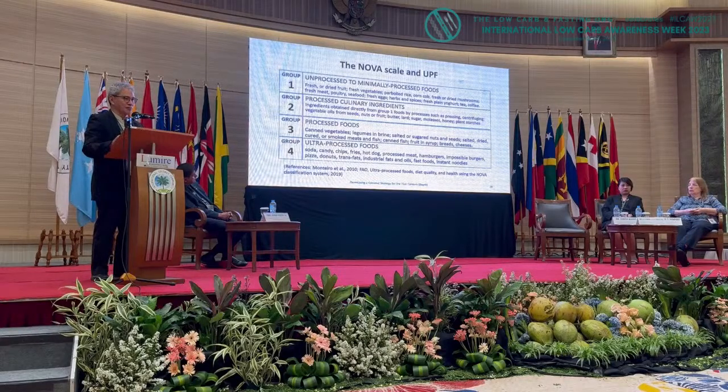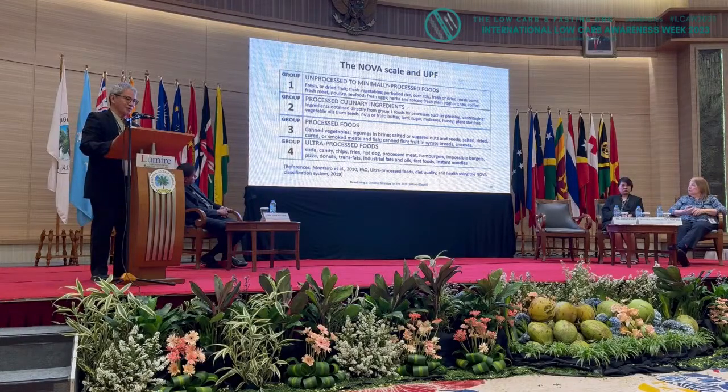And then group 3 would be processed foods. These would be canned vegetables, legumes and brine, salted or sugared nuts, salted or dried cured meat and fish. Then group 4 would be the ultra-processed foods. So this would include soda, candy, chips, fries, hot dogs, processed meat, hamburgers, including Impossible Burgers.